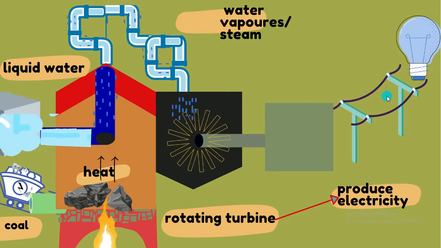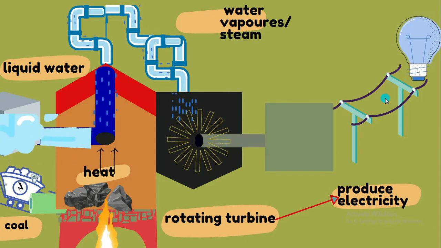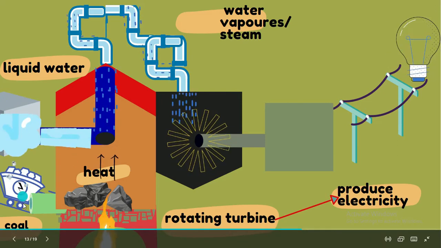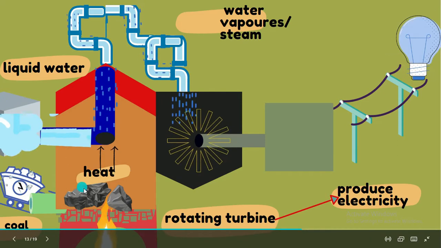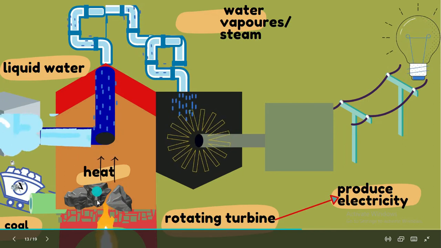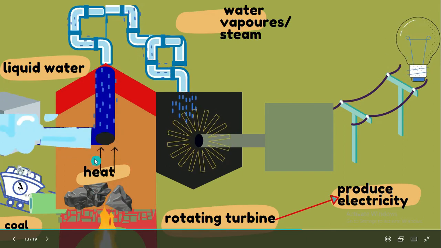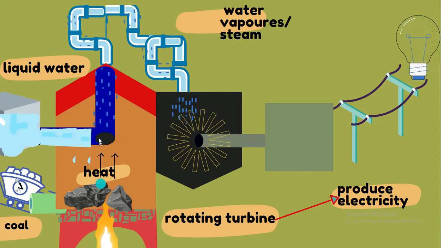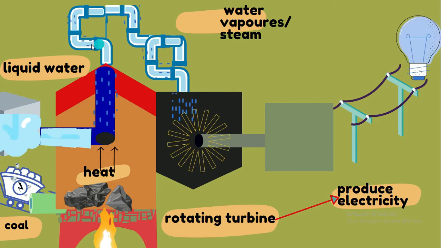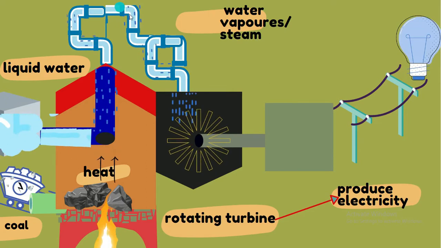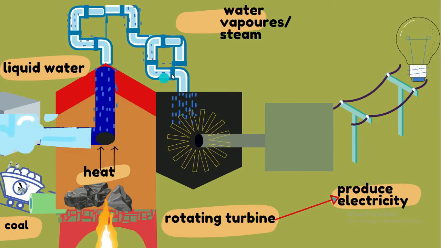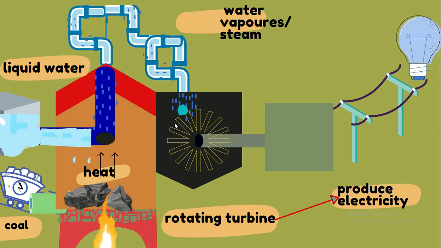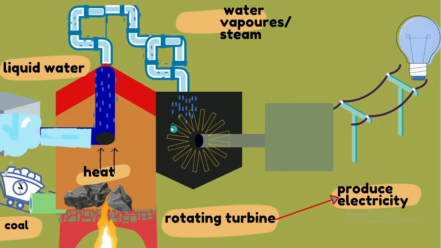I think you are clear with the idea of the process in a coal power plant. I will simply explain again. Coal enters this blast furnace. It burns and produces heat. This liquid water turns to water vapors due to the heat, and these water vapors transmit to another unit. In that unit, there is a turbine present.